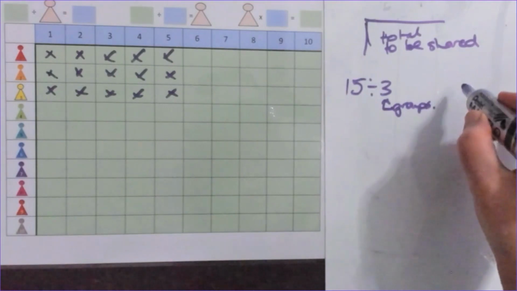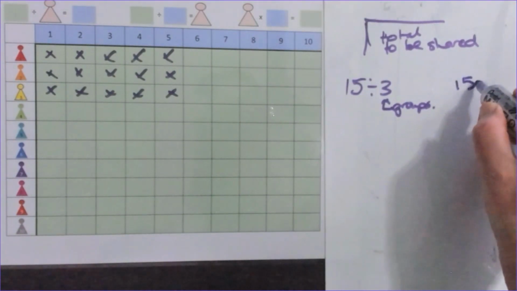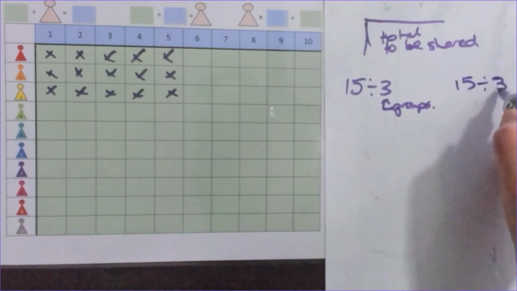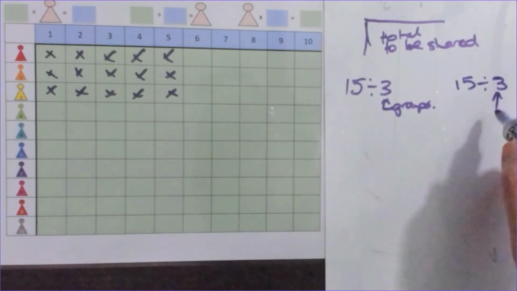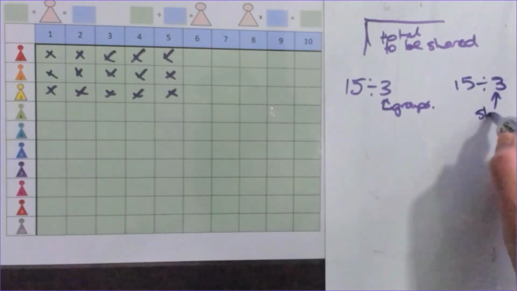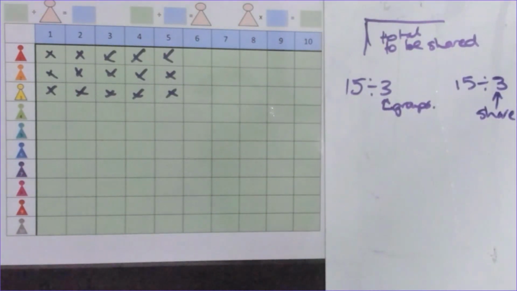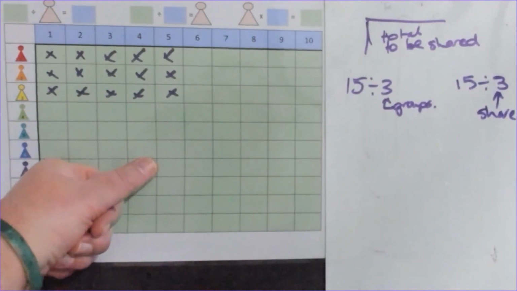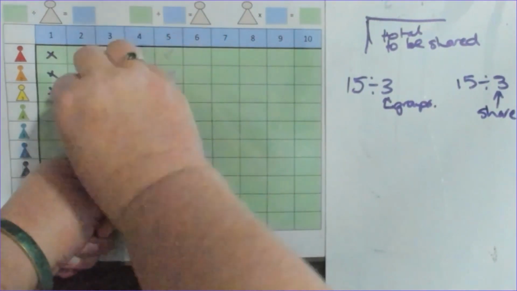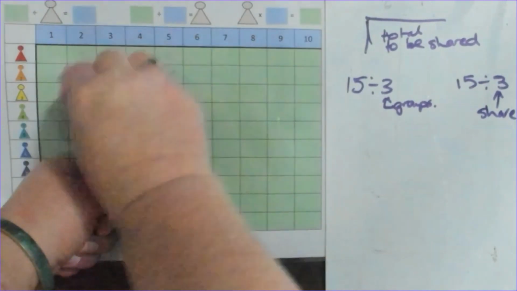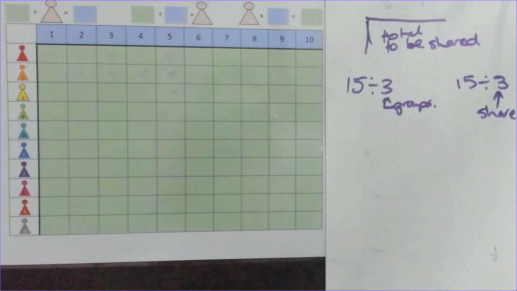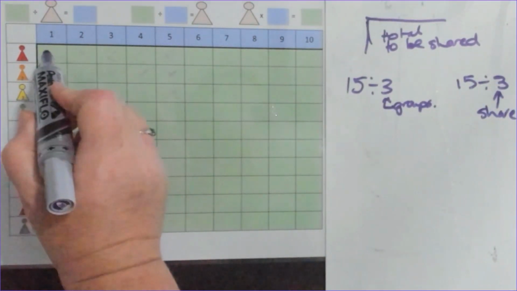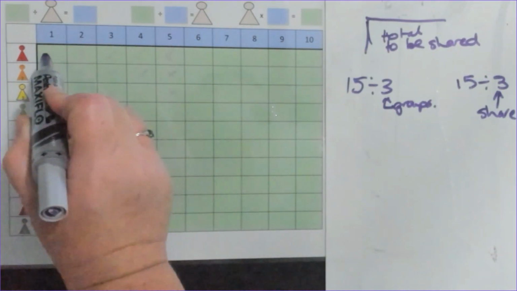If I had 15 lollies and I was giving my friends 3 lollies each, how many friends could I give that to? We can model that one with each person's going to get 3 lollies.